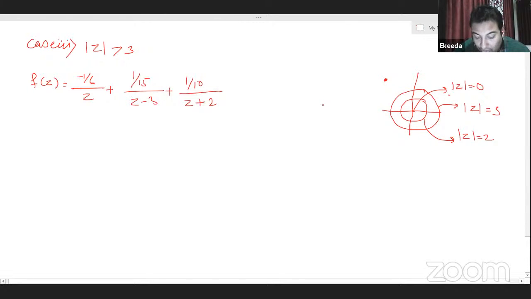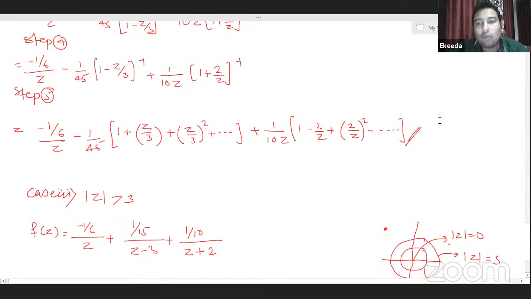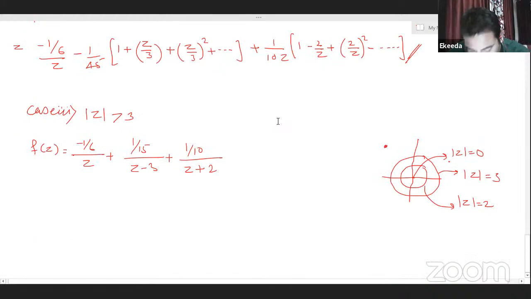Y inside constant, outside z. See, this is the format of Laurent series. The result you got is in the Laurent series format. So if you want your problem in the Laurent series format, you need to remember that point. Otherwise, there is a complicated formula that you can apply to get this series. So remember the point, that will be easy.